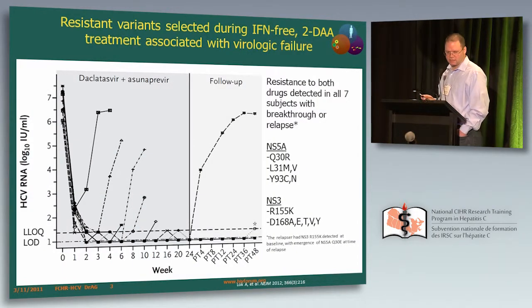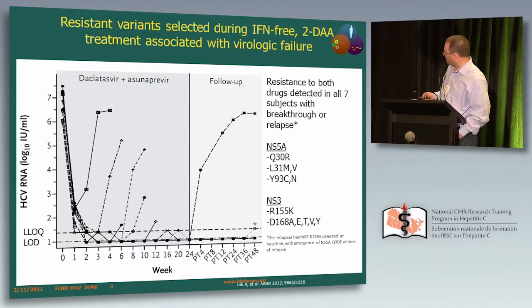So that was theory, and this is a similar slide you've seen from Mark before. This is a dual drug regimen, protease inhibitor and NS5A inhibitor. Small group, 7 subjects here, and you can see that with these two DAAs there is relapse or rebound to baseline levels in each single case.